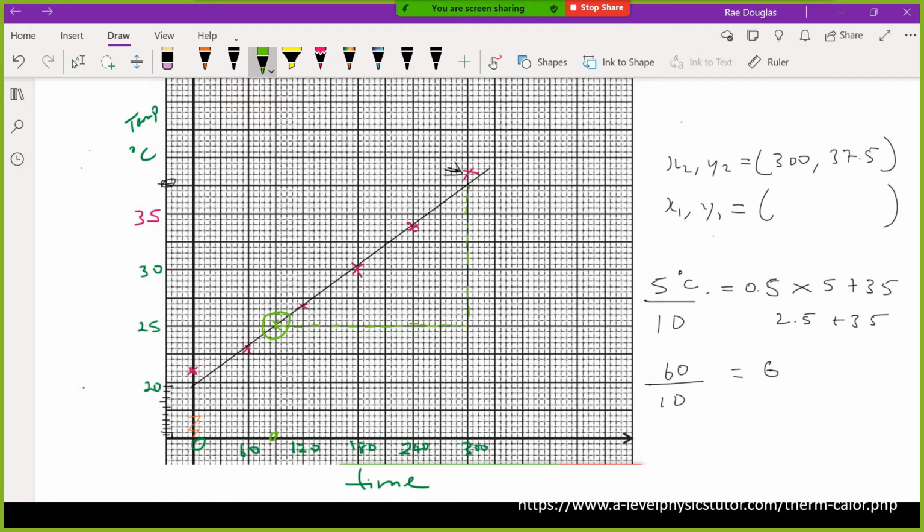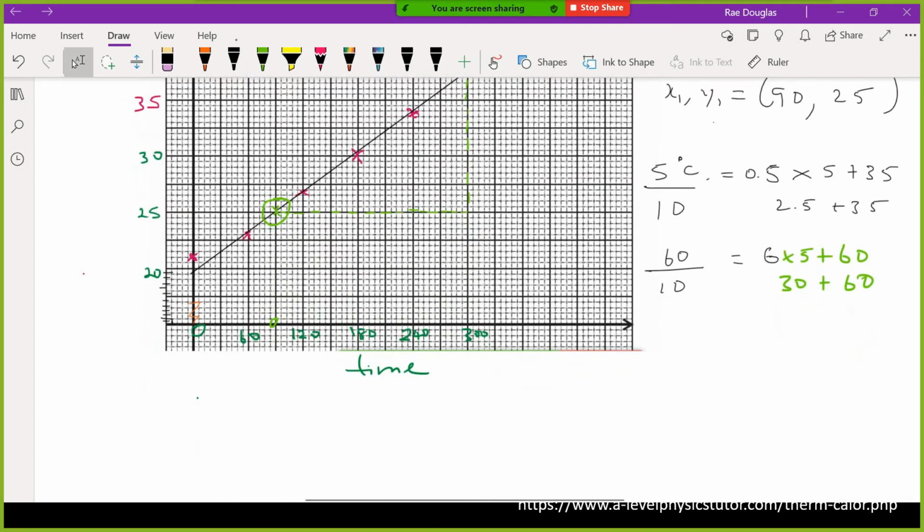So I'm going to say 6 times 5 plus the number below it, which is 60. So I'm essentially saying 30 plus 60 is going to give me 90. So that is now going to be my x1 point. And then obviously I can easily find out that my y1 is going to be 25.